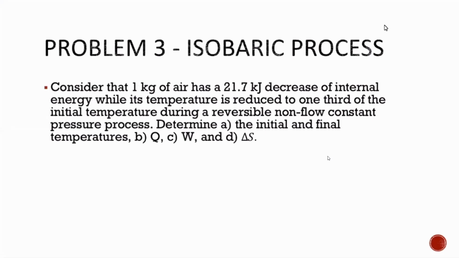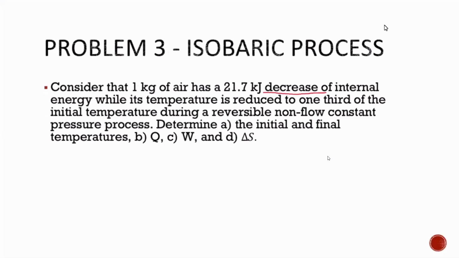Consider that 1 kilogram of air has a 21.7 kilojoule decrease of internal energy, while its temperature is reduced to 1/3 of the initial temperature during a reversible non-flow constant pressure process. Determine the following.